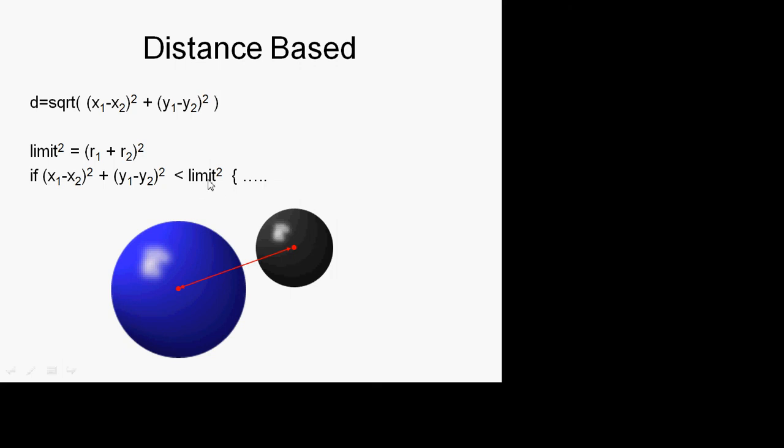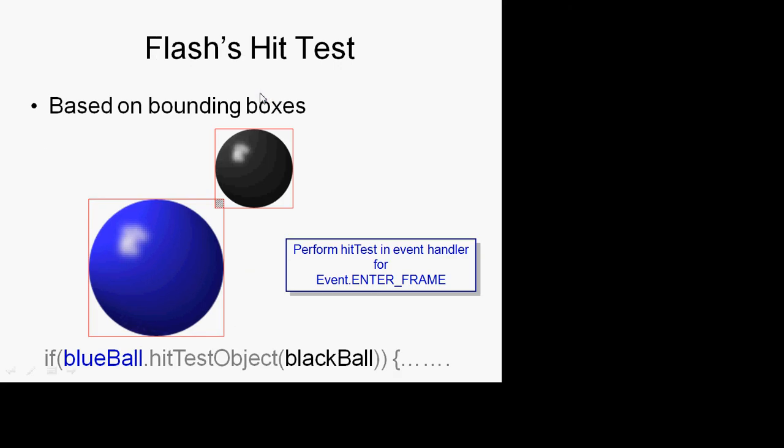We don't take the square roots of these because square roots are expensive, so we just leave everything in their squares, and that's a bit cheaper. So first of all, we use Flash's hit test to discover whether or not we've got overlapping bounding boxes, and then we test for the distance.